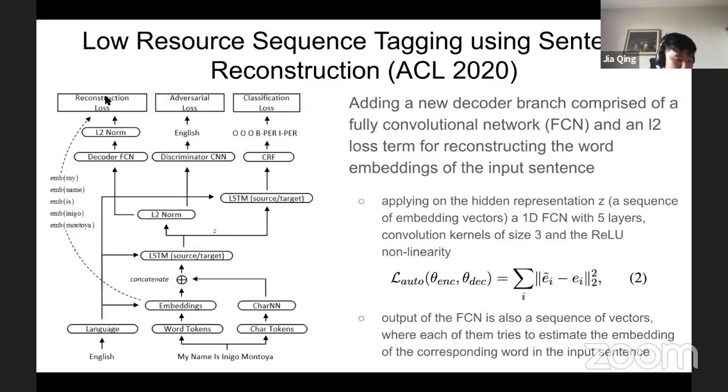So what you are trying to do with the reconstruction loss is force the model to learn how to reconstruct, from the hidden representations, back into what the input tokens were.